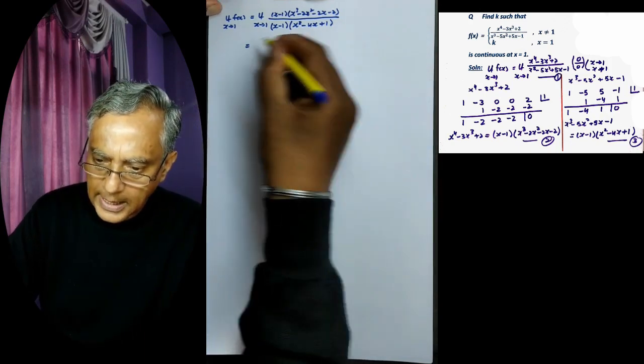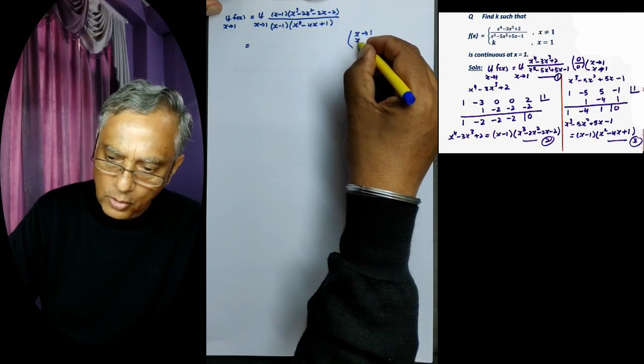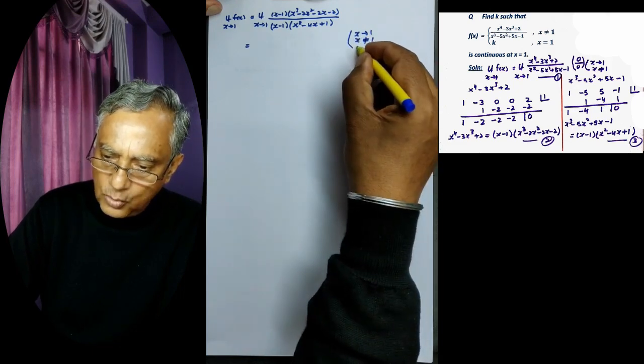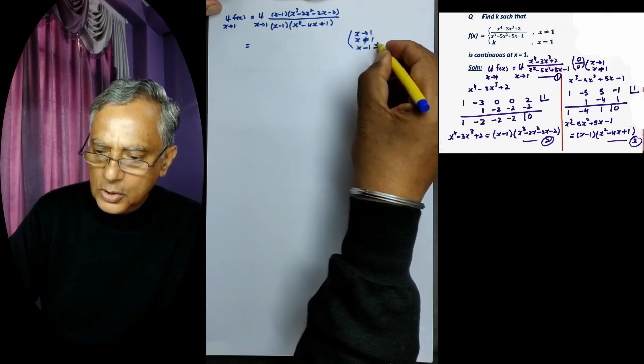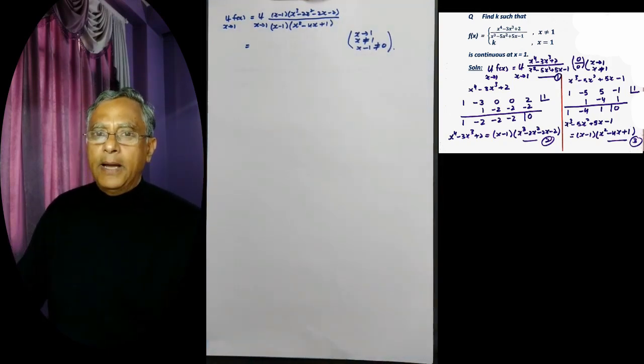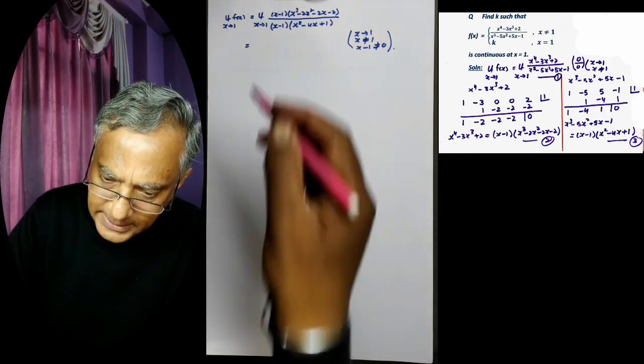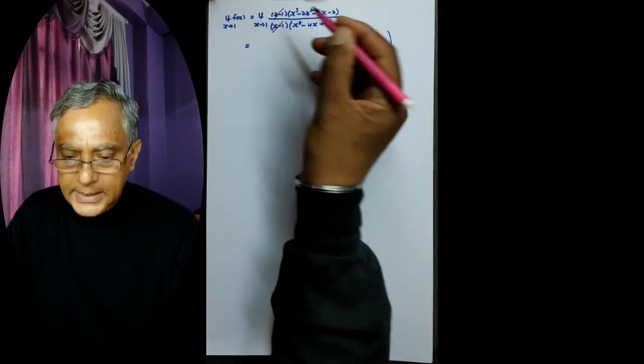Now x approaches 1, therefore x is not equal to 1, therefore x minus 1 is not equal to 0, and therefore we can cancel x minus 1. So this gets cancelled because this is non-zero.